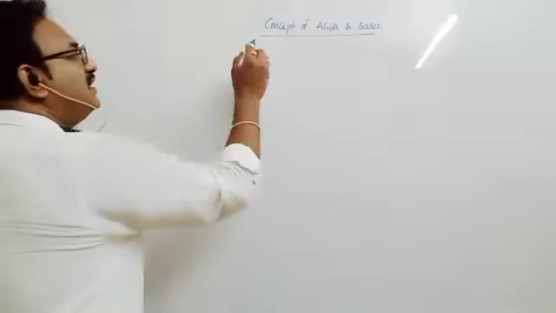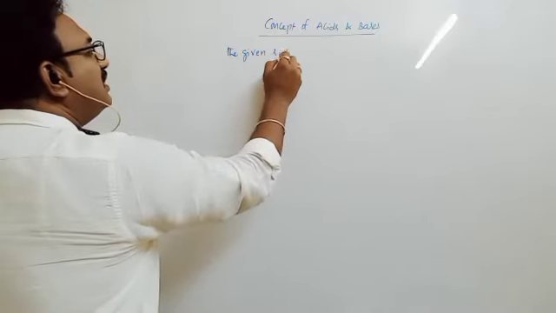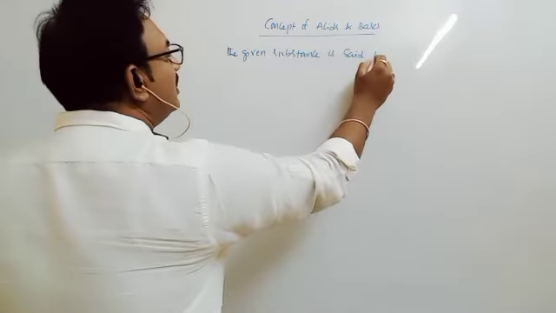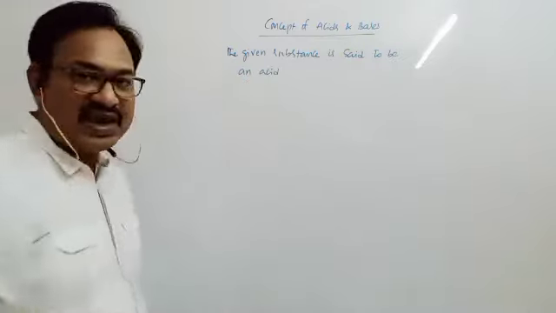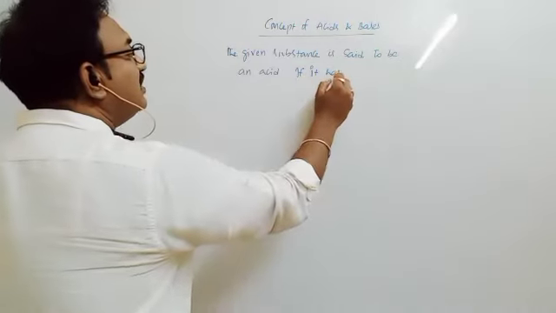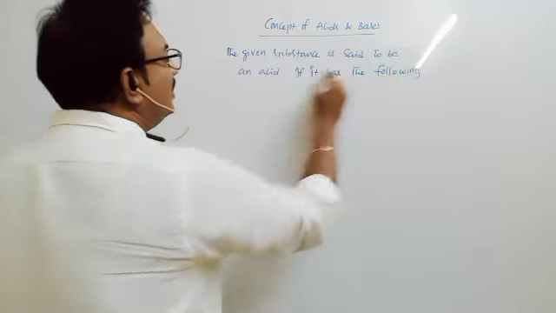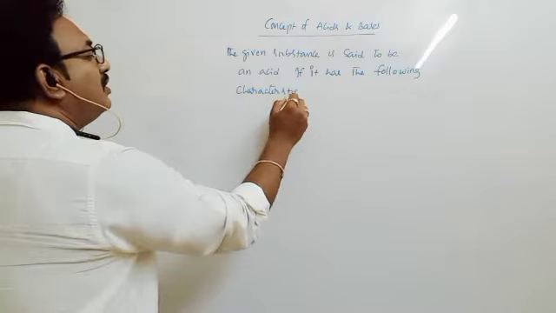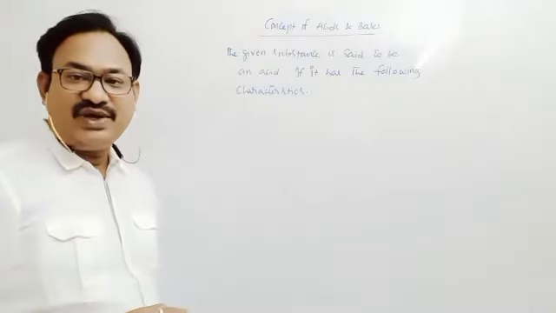Now, see, the given substance is said to be an acid if it has the following characteristics.